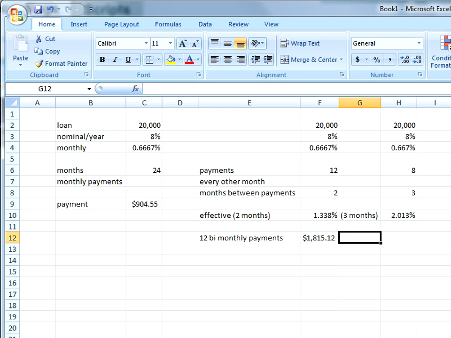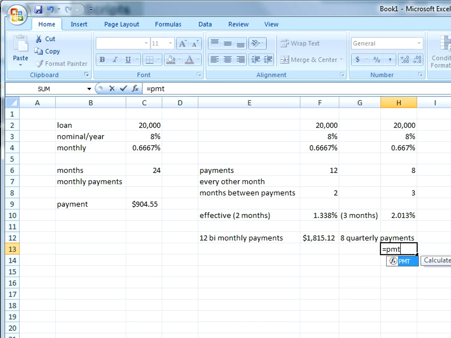Now you can compute the 8 quarterly payments, where the rate is the quarterly rate 2.013%.